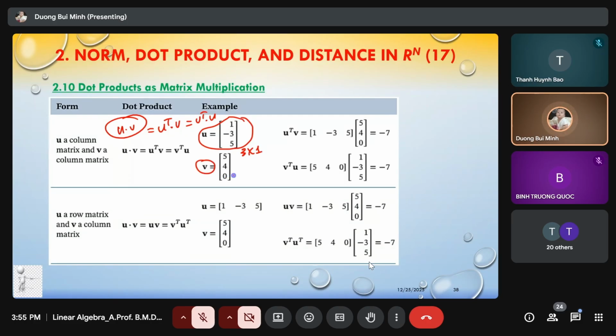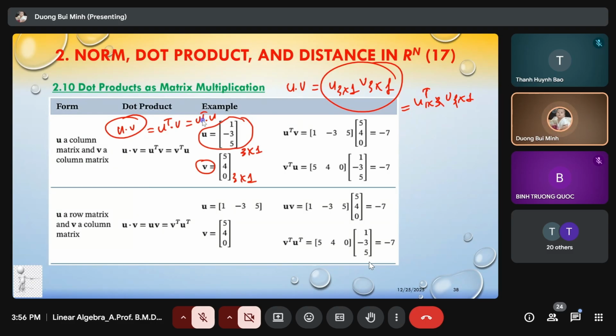And vector v here has 3 rows and 1 column. So if we have u dot v with u being 2 by 1 and v 3 by 1, you cannot implement the matrix multiplication. So we need to take the transpose of v. Then we have 1 row and 3 columns times 3 rows and 1 column, so you can implement it.